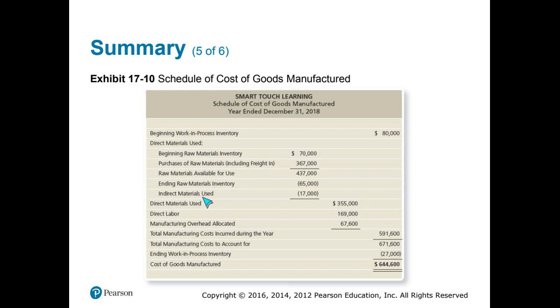So all of these accounts would be listed out here to figure out the direct materials used. Then we're going to have our direct labor, our manufacturing overhead that was allocated. That's going to give us our total manufacturing costs incurred during the year, our total manufacturing costs to account for, our ending work in process inventory, and then our cost of goods manufactured.